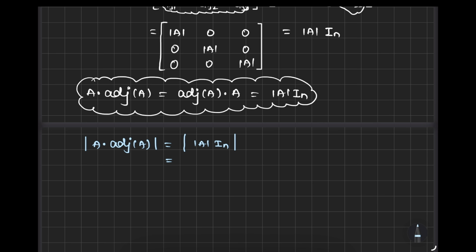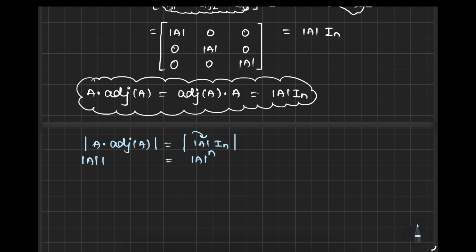So this is a number and it is multiplied with all the elements. From the first row we will take determinant of A common, from the second row determinant of A common, third row determinant of A common, and we will keep on taking till n. So can I take determinant of A power n and then determinant of the identity matrix, which will be 1. Now here also it is determinant of A times adjoint of A. You know that determinant is distributive when it is in a product.